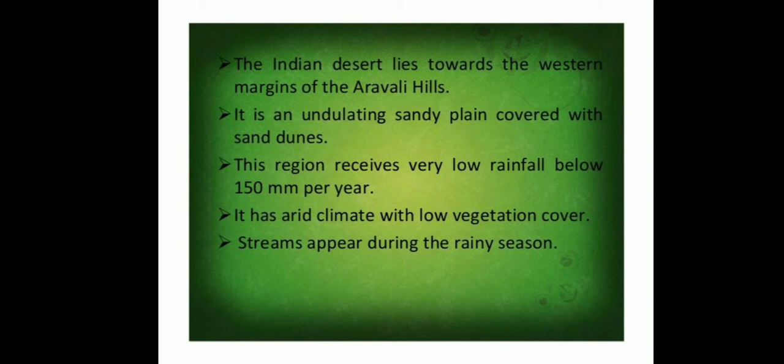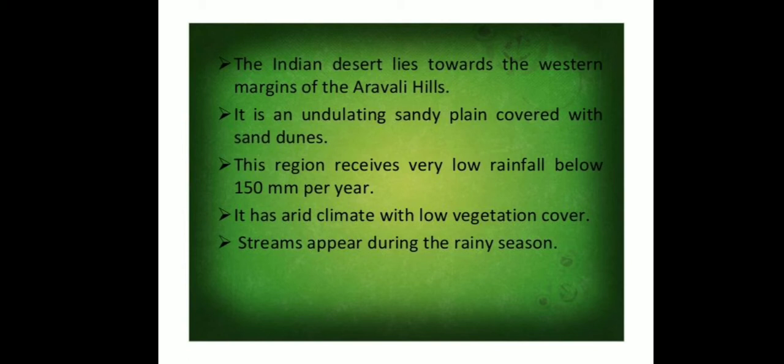This region receives very low rainfall, below 150 millimeters per year. That means in this area the rainfall is very less. It has an arid climate, that means dry climate, with low vegetation cover. That means here vegetation is very less.